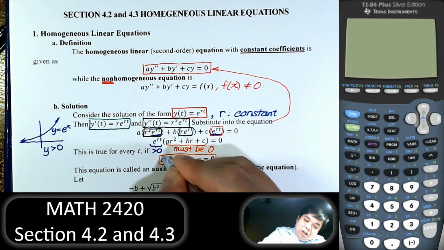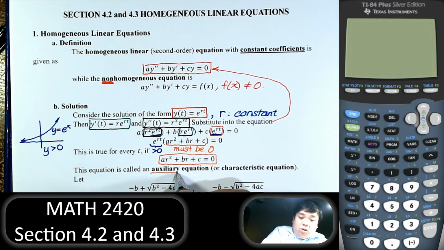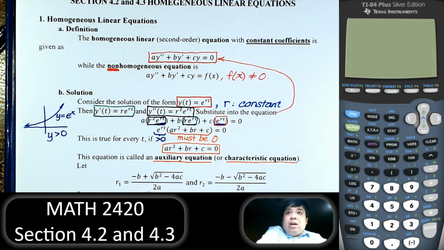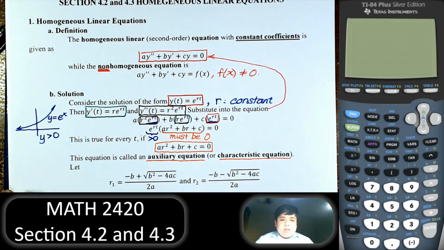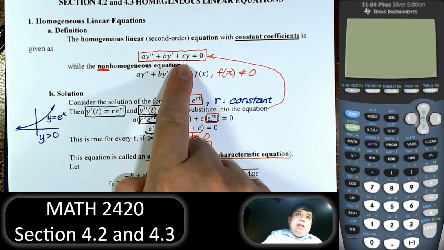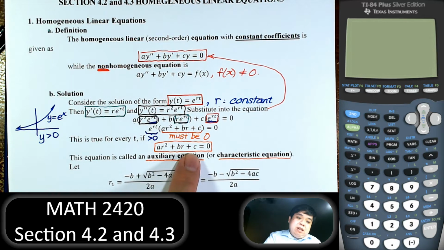This equation is called, in the book I think they call it the auxiliary equation. Some other books call this the characteristic equation. But later on we call something else the characteristic equation. So let's call this equation the auxiliary equation. One thing to note is that the coefficients a, b, and c correspond to a, b, and c.